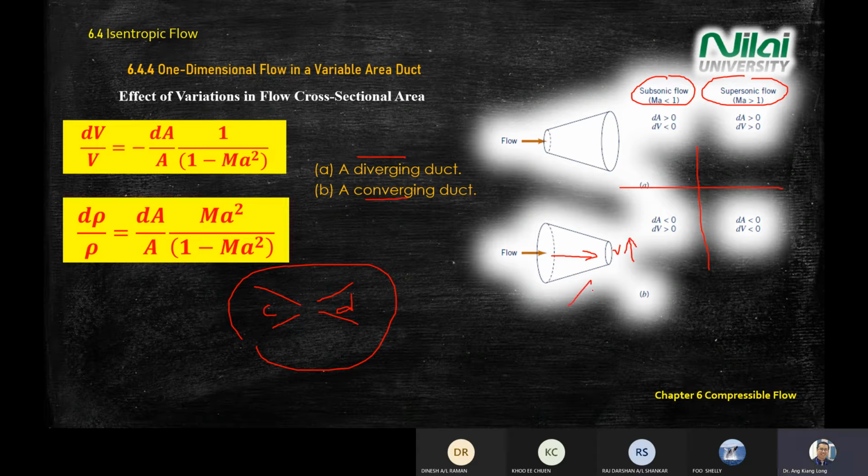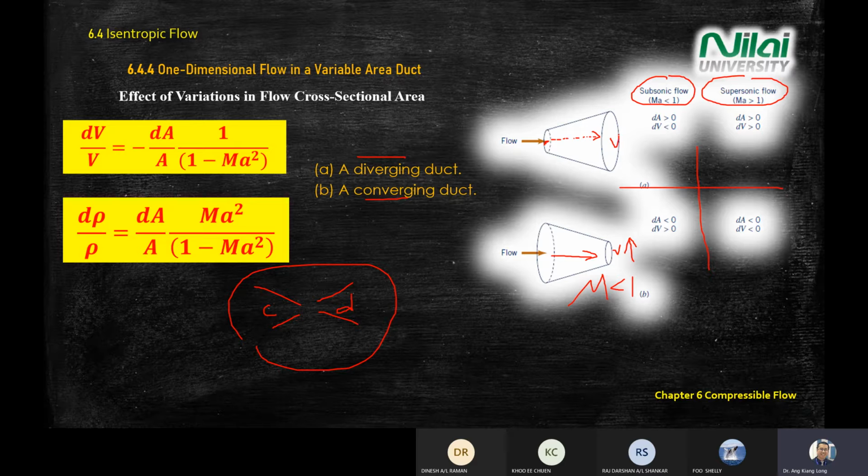That is when you have a subsonic flow. And then supersonic is the opposite. Velocity will be the opposite one. Same with this one. If you're escaping from a small area, from a diverging scenario, diverging means small area to big area, you imagine you're suddenly exposed to a bigger space here.